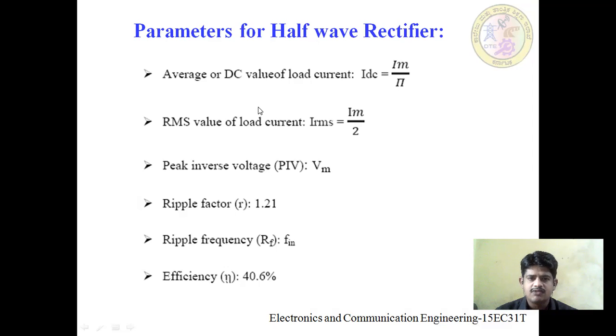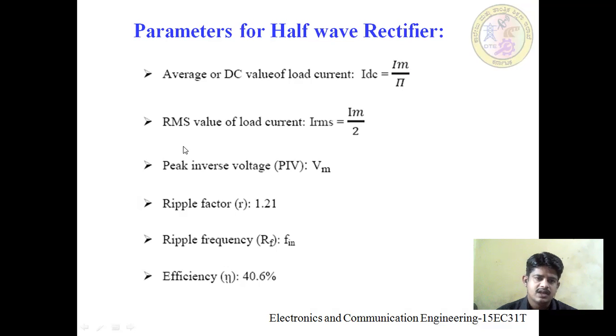The average or DC value of load current, that is IDC, of a half wave rectifier is Im by pi. What is Im? It is the maximum current or peak current. So for the output of the half wave rectifier, the average load current IDC equals maximum current divided by pi.